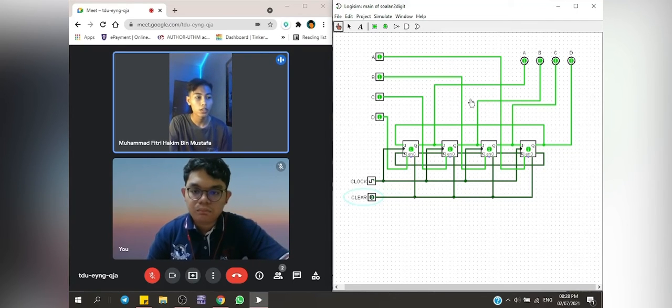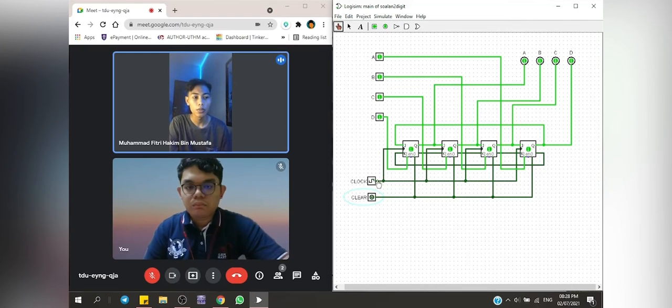For parallel load asynchronous, line number 10, the clear will be 1, input D 1, C 0, B 0, and A will be 1. And the output is 1 for D, C1, B1 and A1.